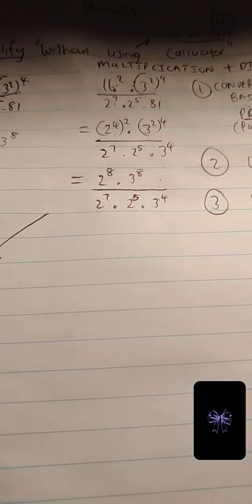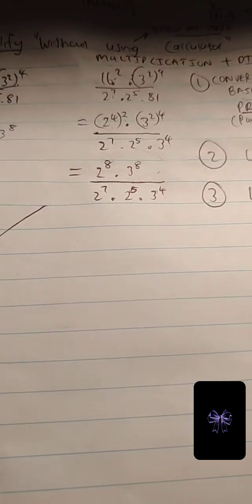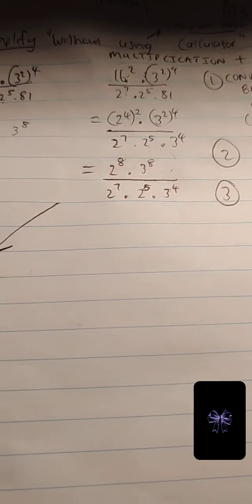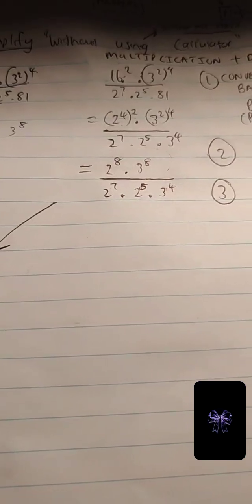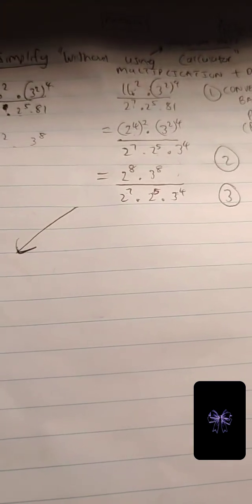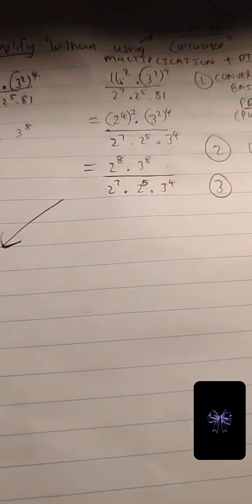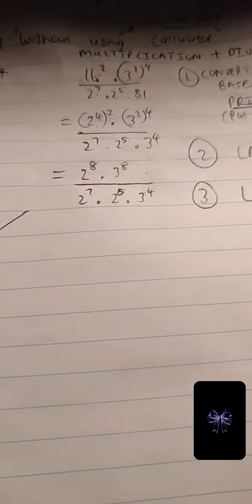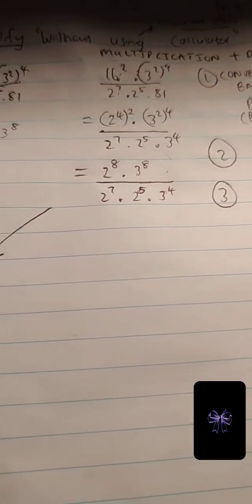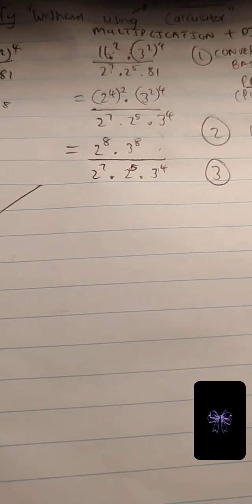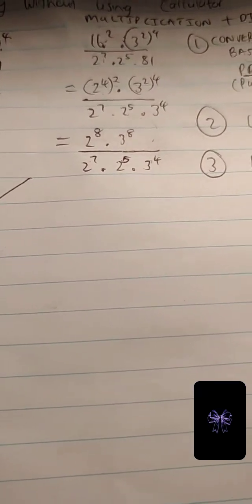And then 2 to the exponent of 8 divided by 2 to the exponent of 12, and that's going to give us 2 to the exponent of negative 4, I think. Yes, very true. So you have 2 to the exponent negative 4 times 3 to the exponent 4.